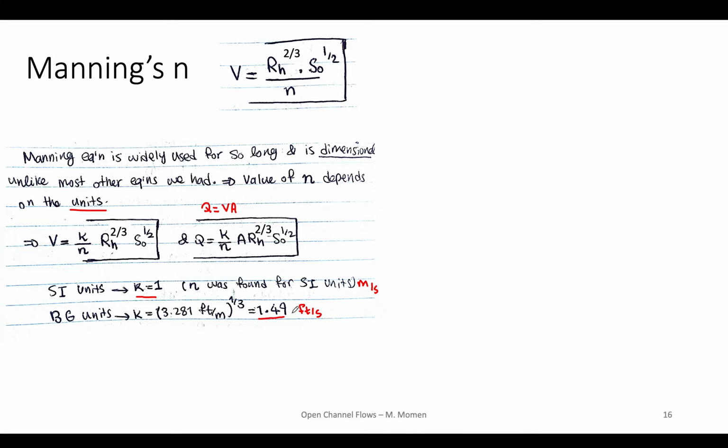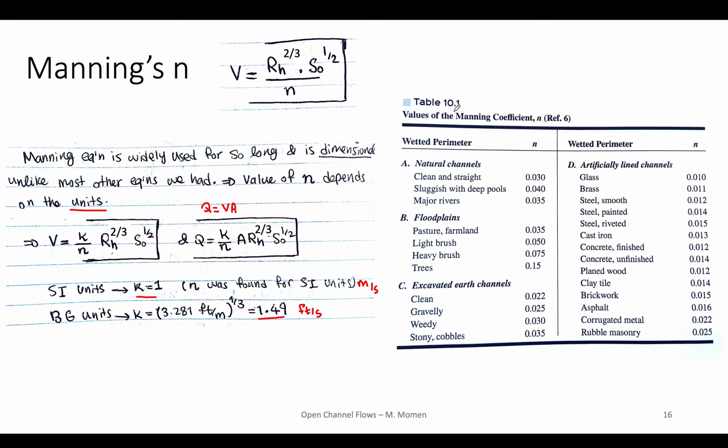Okay, so now let's see some of the values of Manning's coefficient n based on the type of the channel. Here you can see different values of n, which is in table 10.1 of your book. We have a lot of different types of channels, and as the channel becomes rougher and the friction increases, you see that the value of n increases.